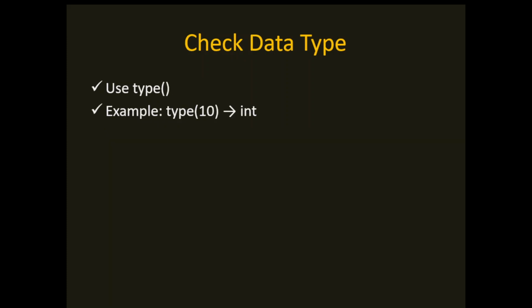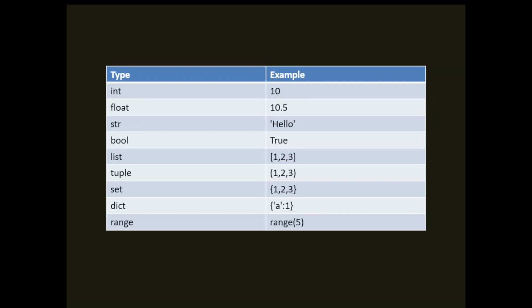Yesterday we saw with an example how to check the data type of a value or a variable. Let's check a couple of examples in tabular format. Int is a whole number like 10. Float has decimal points. String is text within single or double quotes. Boolean is a true or false value.